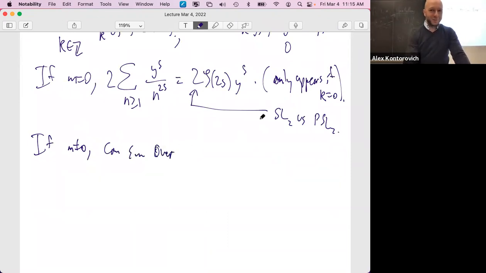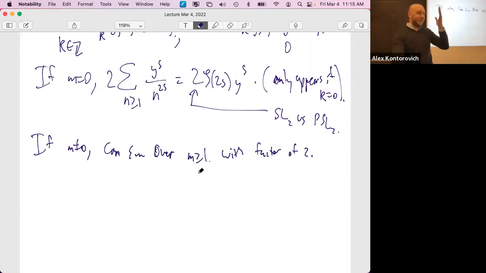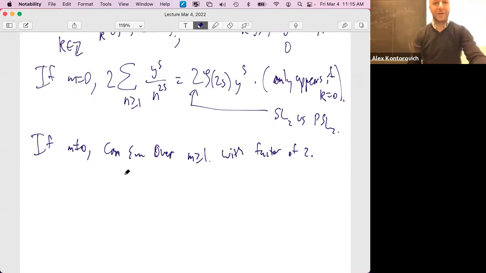All those factors of 2 would disappear if I was doing PSL. I can sum over m greater than 0 with a factor of 2, and then the n sum is completely free, because m is not equal to 0, so the pair nm is guaranteed not to be the pair 0, 0. And no degeneracy.